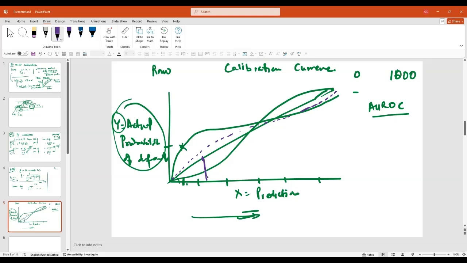So if you have an x value of, let's say, 0.25, then you also have actual observed PDs of 0.25 within that bin. This is how you would end up checking whether your calibration is appropriate or not.